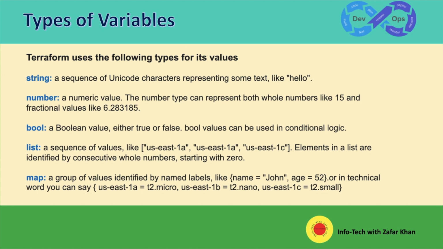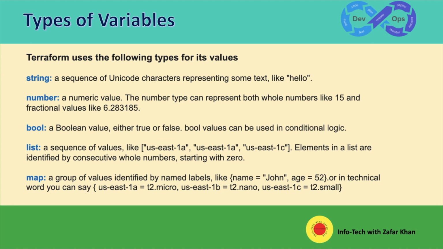The different types of Terraform variables we have: string, a sequence of Unicode characters representing some text like hello or any other word. So it's a string variable. Alphanumeric also comes under the string variable. Another one is number, a numeric value.